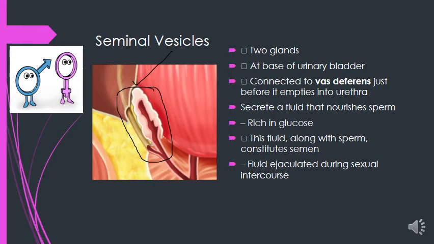Sperm alone are not able to transfer from one place to another. This fluid is very important for increasing the motility of the sperm, and it is very rich in glucose. I hope you understand what the seminal vesicle is and what its role is.